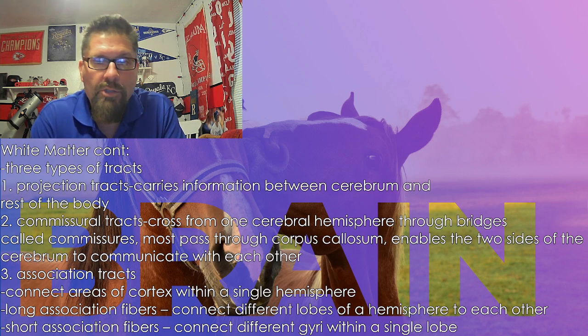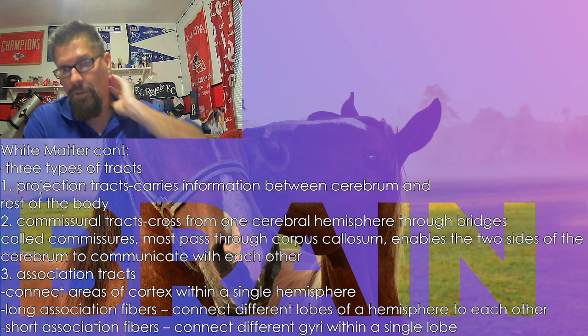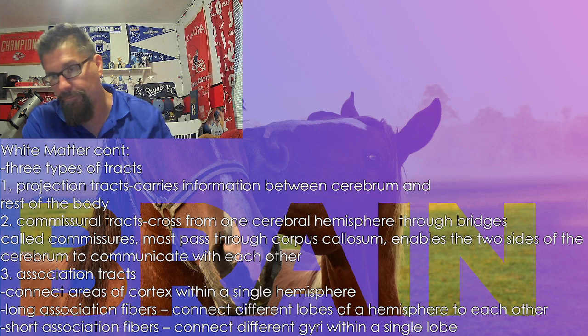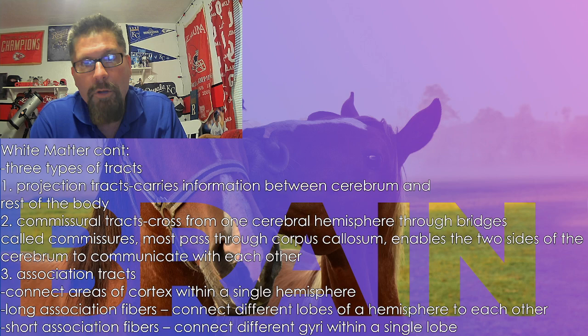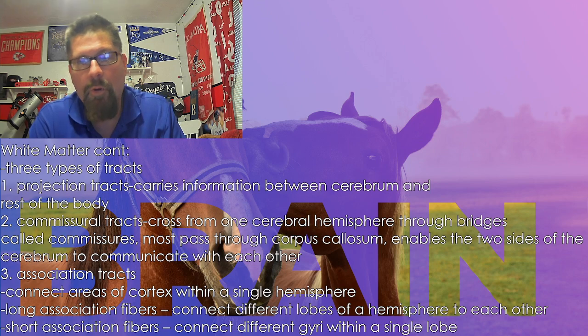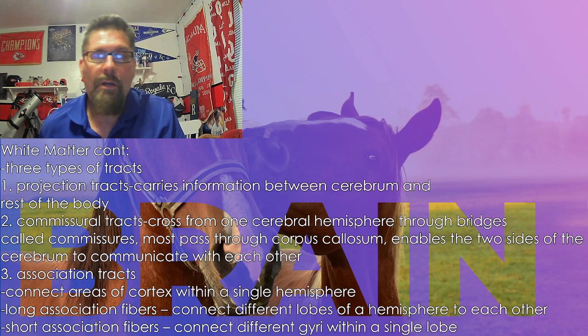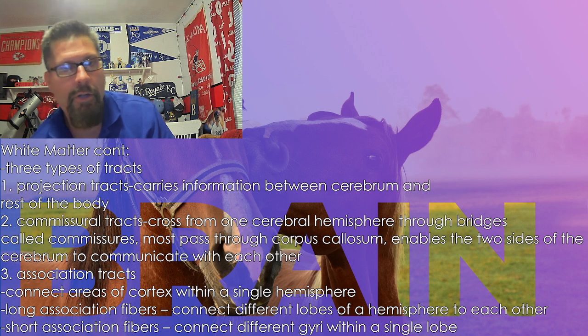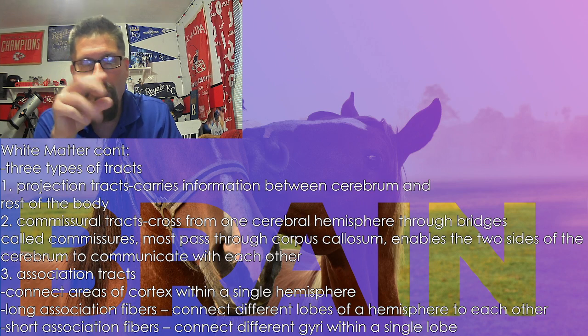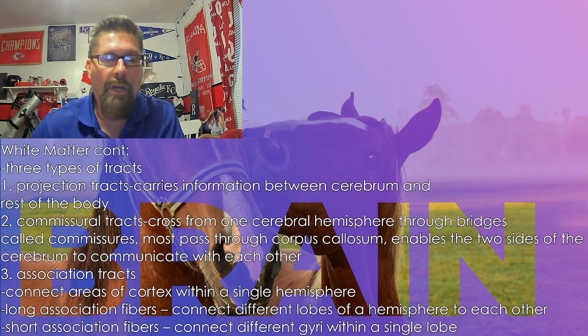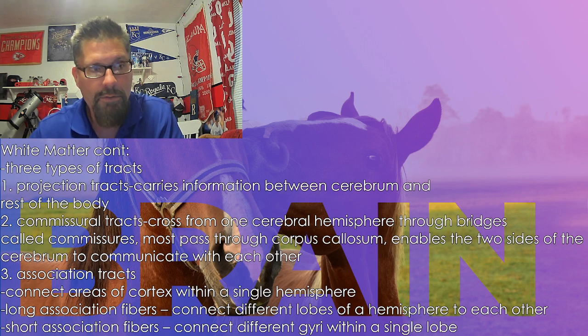There are long association fibers and there are short ones. If they're long, they're connected more to a lobe of the brain. If they're short, they're more connected to a gyrus, which is the folded areas of the brain that we looked at in the last video.